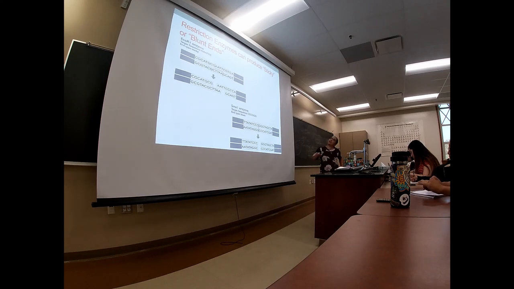Here's a little picture of what it means to have sticky ends or blunt ends. Let's say you are going to cut this piece of DNA with EcoR1. You're going to look for GAATTC, and you're always going to cut between the first G and the A. So you read along, and here we go, GAATTC.